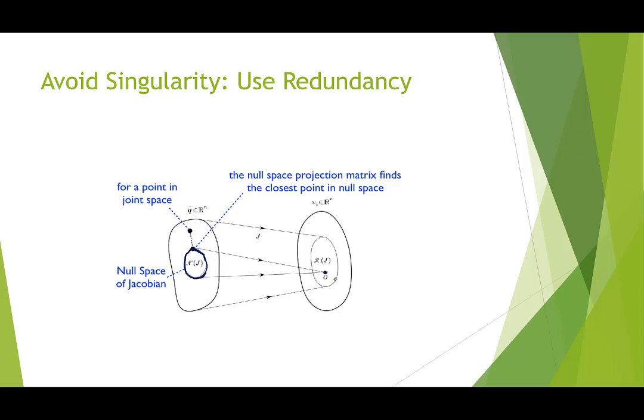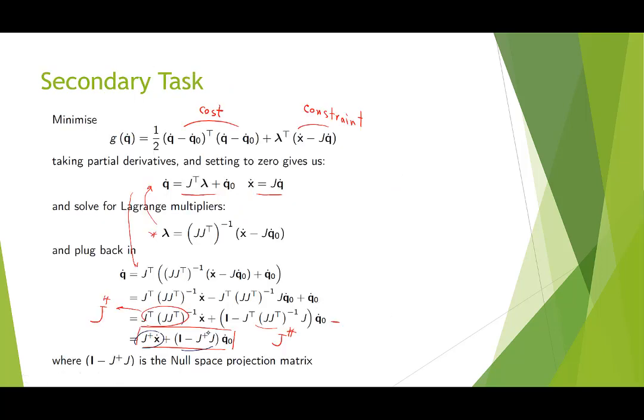If the whole mapping is J, the mapping that maps the joints into 0 is given by this equation that we just derived: I minus pseudo-inverse of Jacobian times Jacobian. Look at this equation. The second part is the mapping that maps joint inputs to 0.